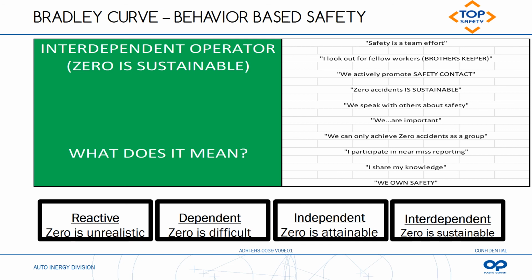If you are an interdependent operator, this is understanding that safety is a team effort. I look out for fellow coworkers. I promote safety contact. We talk to others about safety. This is the we are important phase.